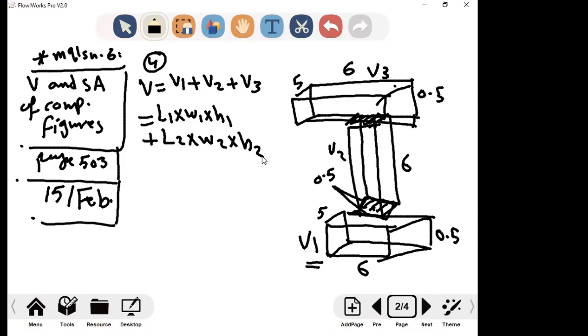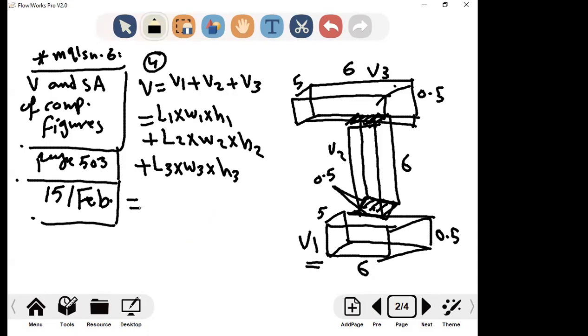Volume 2, right? Plus length 3 times width 3 times height 3. And don't write length 3 like this. Not like this. You write length 3. We call it an index name. Okay? Now let's just apply.